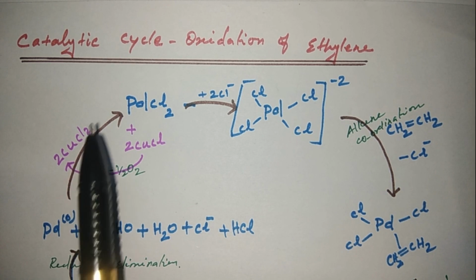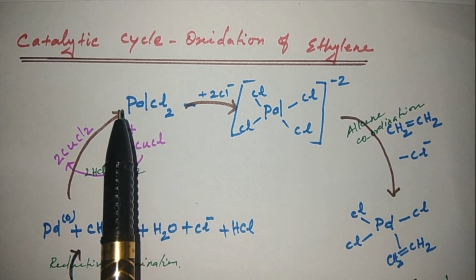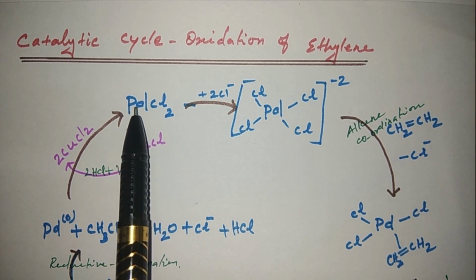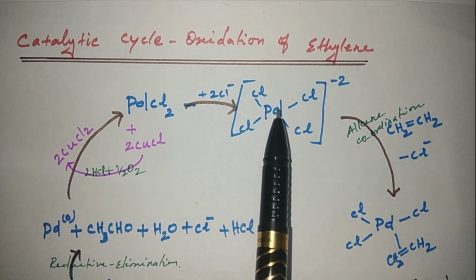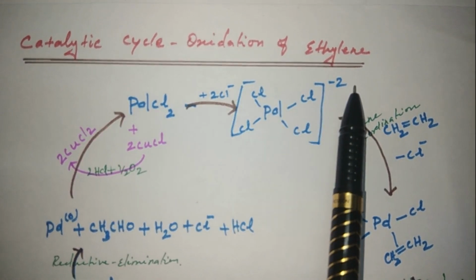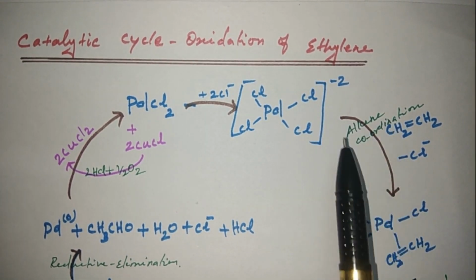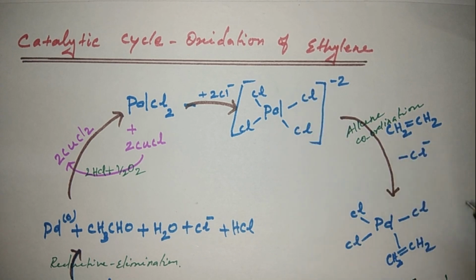In the Wacker process, palladium chloride is an active species. It is very important. Palladium chloride on addition of 2 chloride ions gives PdCl4 2-. To this complex, addition of alkene, coordination takes place. One Cl- ion is eliminated.